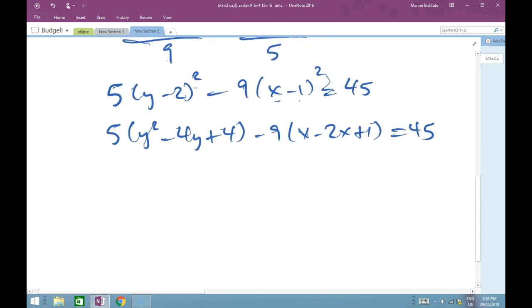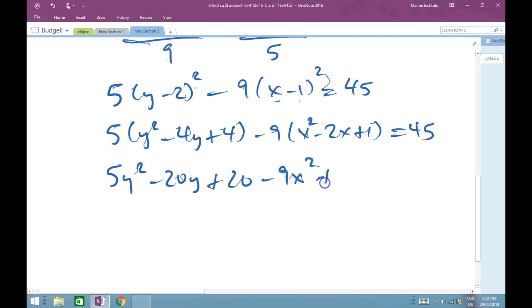Multiply the 5 throughout, and we will get 5y squared minus 20y plus 20, carry the minus sign in, minus 9x squared plus 18x minus 9 equals 45. Be very careful. It's -9 being multiplied all the way through. Bring the 45 over, put the y squared first.